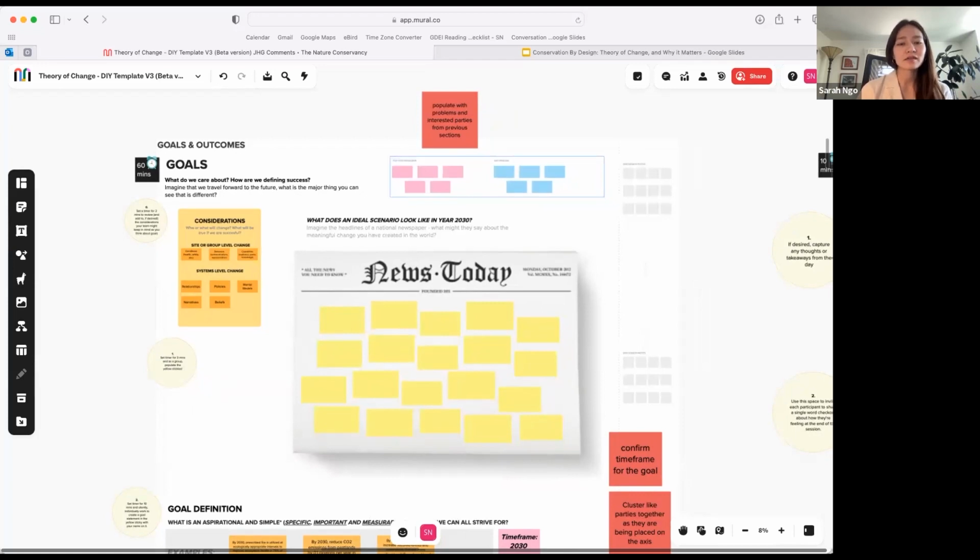And these objectives are presented both as a diagram and as a narrative statement. And so what we recommend is really taking that narrative version and considering using that as a starting point for the goal portion of the theory of change.